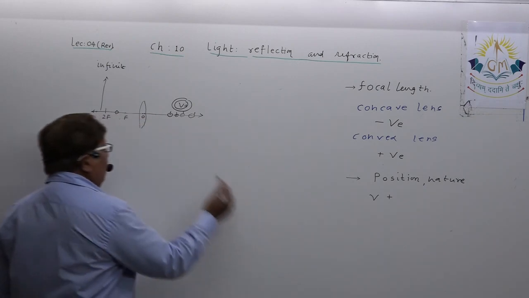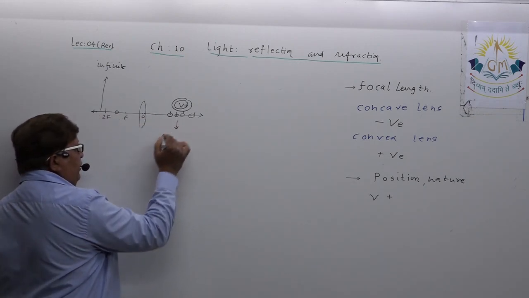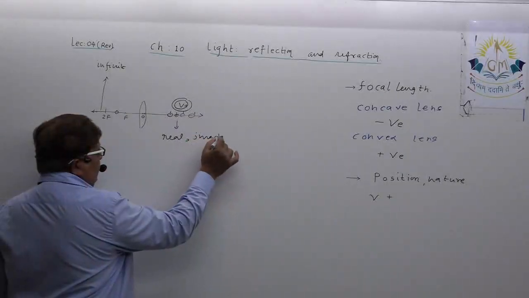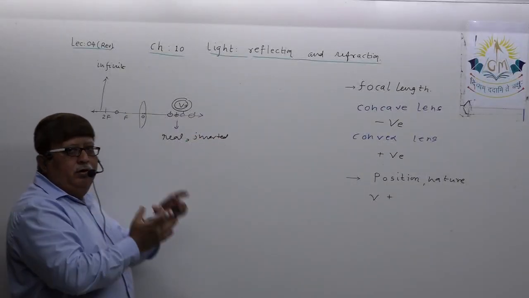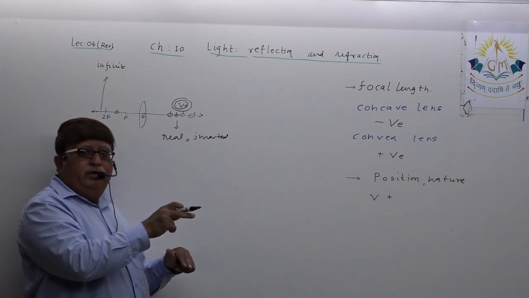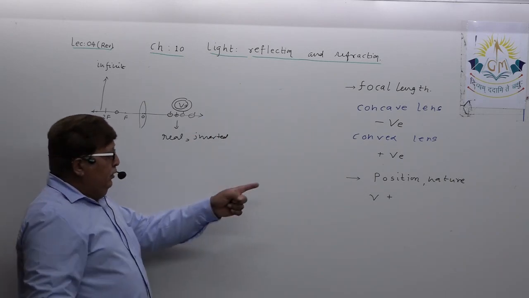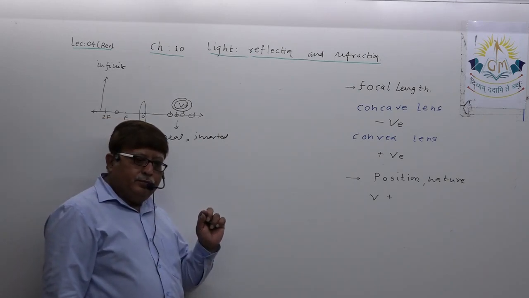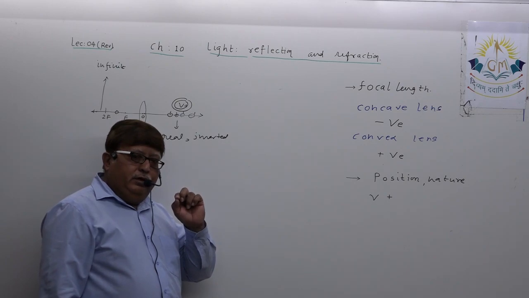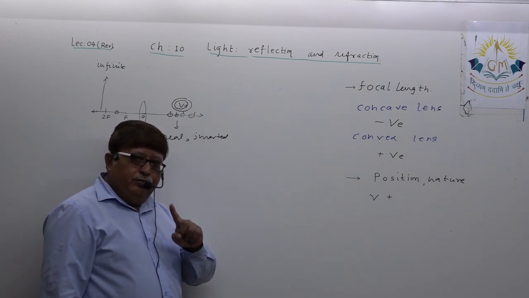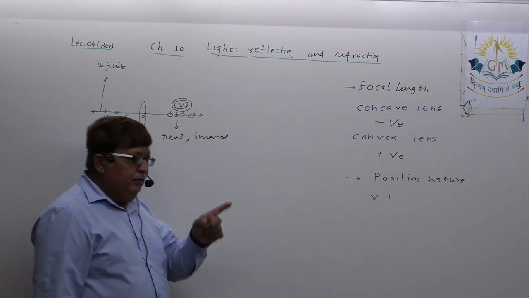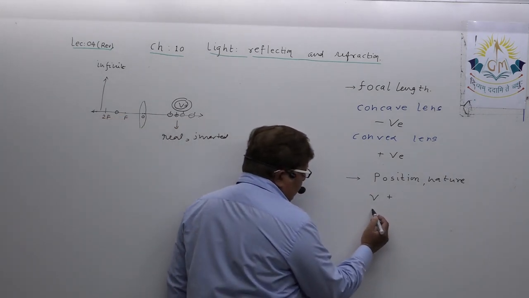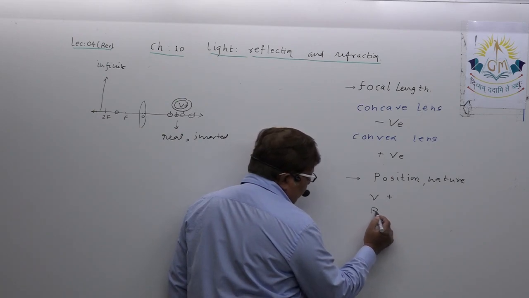And all these images, dear student, are real and inverted. See the contrast with the mirror. Understood? So whenever in a lens V is positive, what can you guess about the image nature?